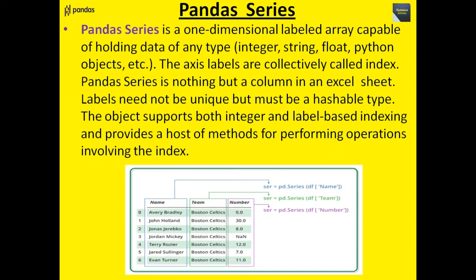Labels need not be unique but must be a hashable type. The object supports both integer and label based indexing and provides a host of methods for performing operations involving the index.